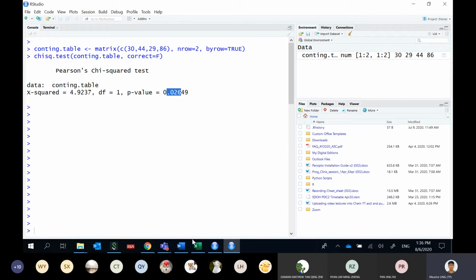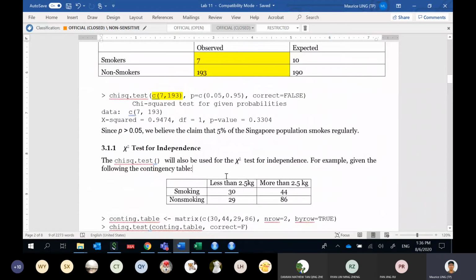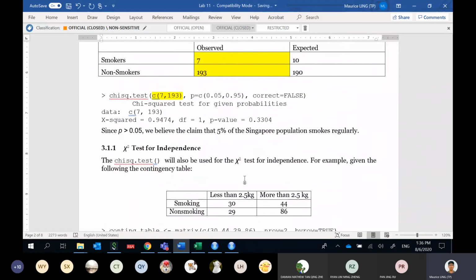Okay, so in this case, it is actually to test for no relationship.